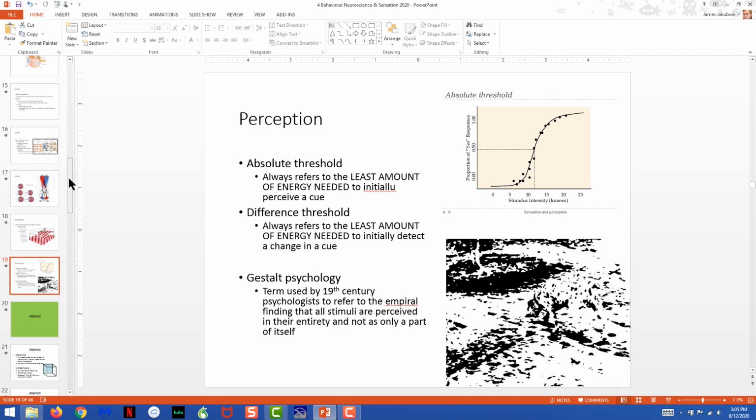The last point here is about Gestalt psychology. And Gestalt psychology is actually a rather big topic, although it's dealt with in a very straightforward, simplistic way here. When psychology got started, it was started in Germany. And so all of the initial terms in psychology were originally German. Anytime you see a German term in the field of psychology, it's almost a guarantee that you're talking about something from the late 1800s.